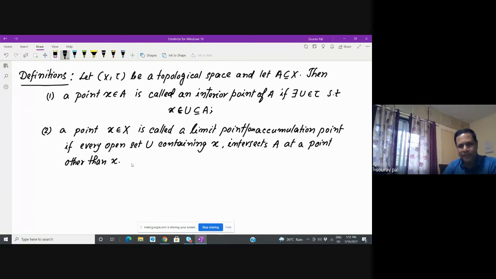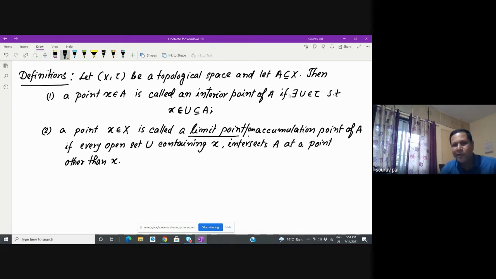What does it mean? First of all, when we talk about a limit point or an accumulation point of A, it may not belong to the set itself. How is it defined?